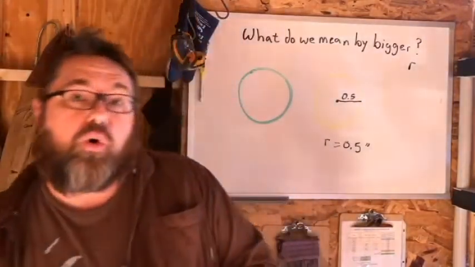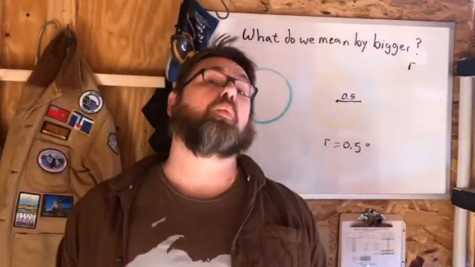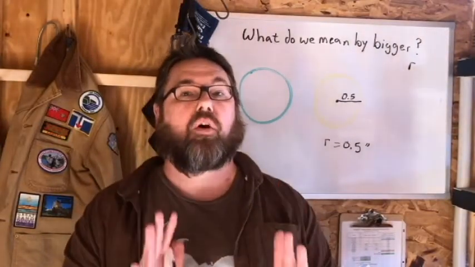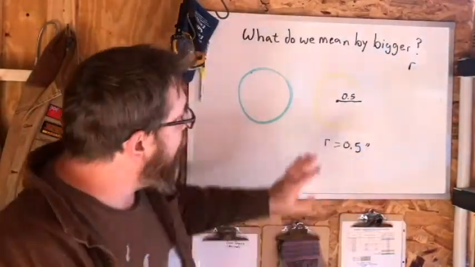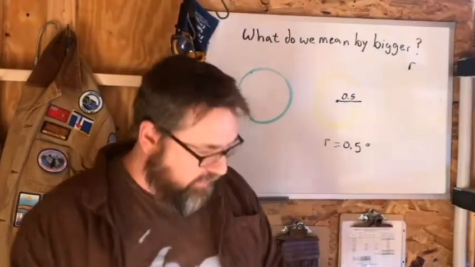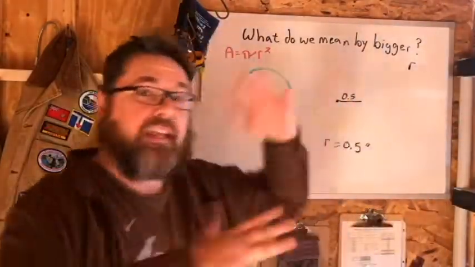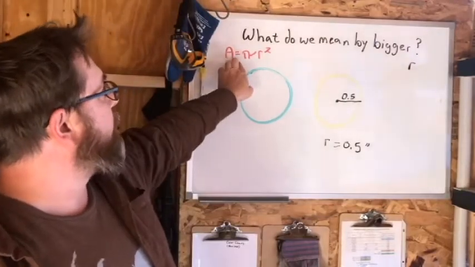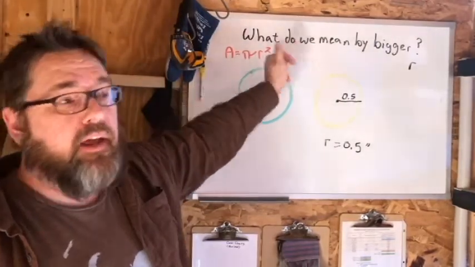Now I'm going to show you the incorrect way to do this first, because I've seen this done so many times. Now we already know we're going to use our radius and whatnot. So the area of any circle, regardless of its size, is calculated with A, area, equals pi r squared. So that's the equation we're going to use.